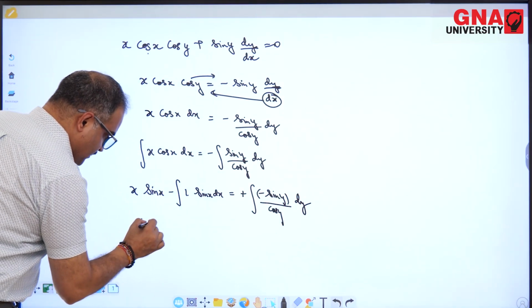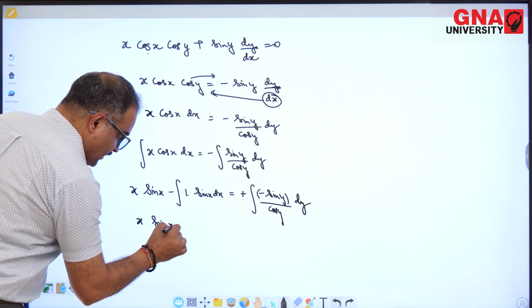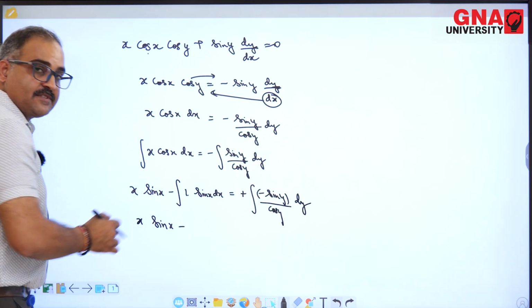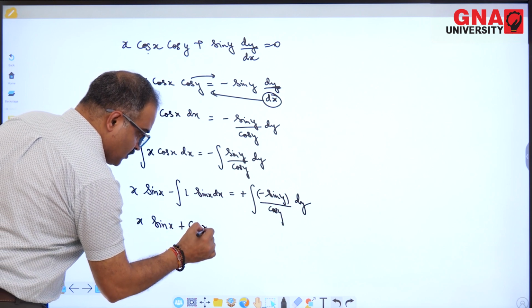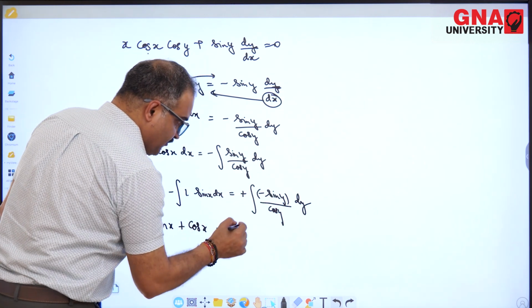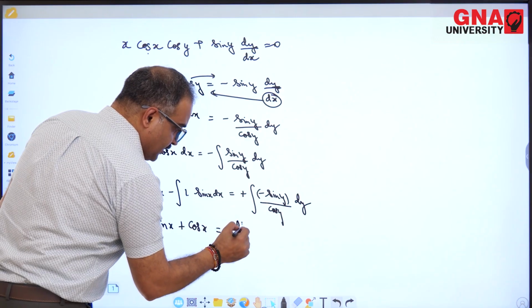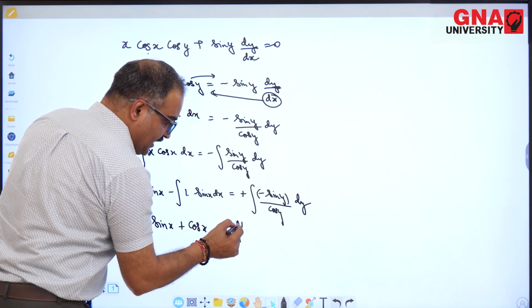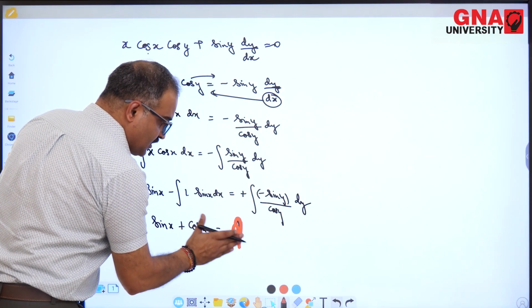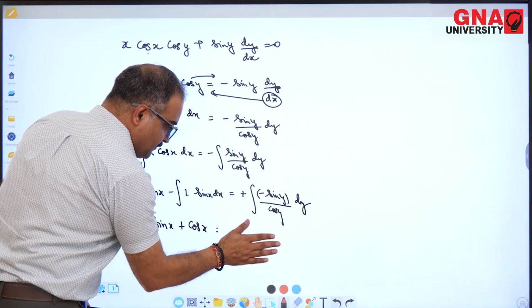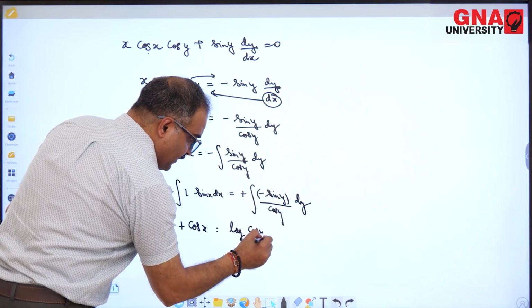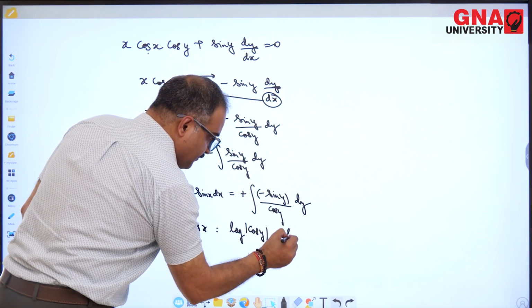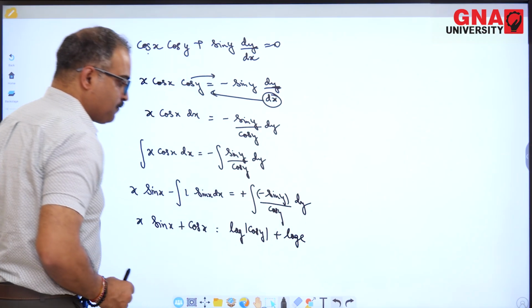Now it will be x sin x minus, now integration of sin x will be minus cos x, so minus minus plus cos of x is equal to, here I am applying the property f dash x over f of x, so this will have the formula log of mod cos of y plus log of c.